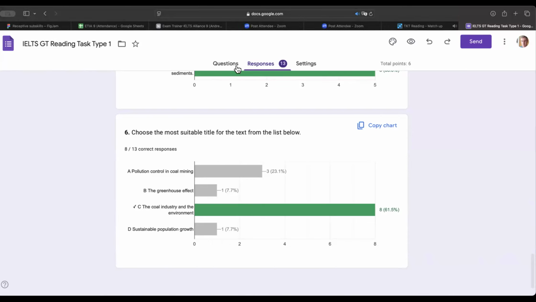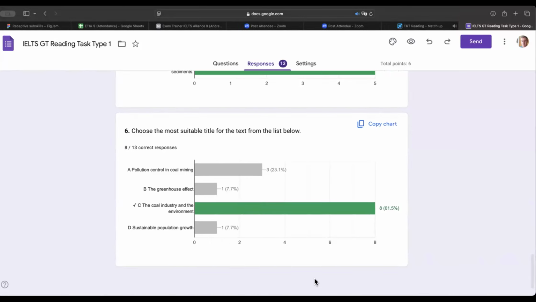Now, the key there was the first 2 paragraphs. They didn't concentrate on coal. They're talking about greenhouse and so everything is related to the environment. Yes, you're right. Because that's an important part of the first part of the article, isn't it? Good.